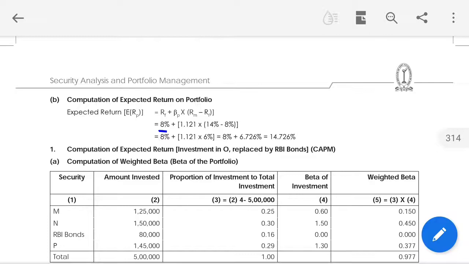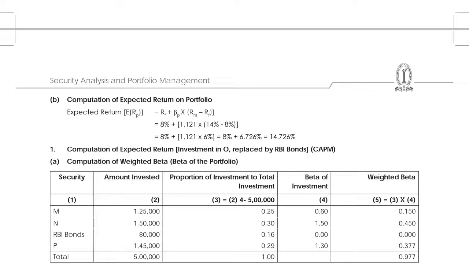So that is 14.726% return we can expect. We calculated weighted beta for MNOP and expected return. Let us get into scenario B, when O is replaced with RBI bonds.